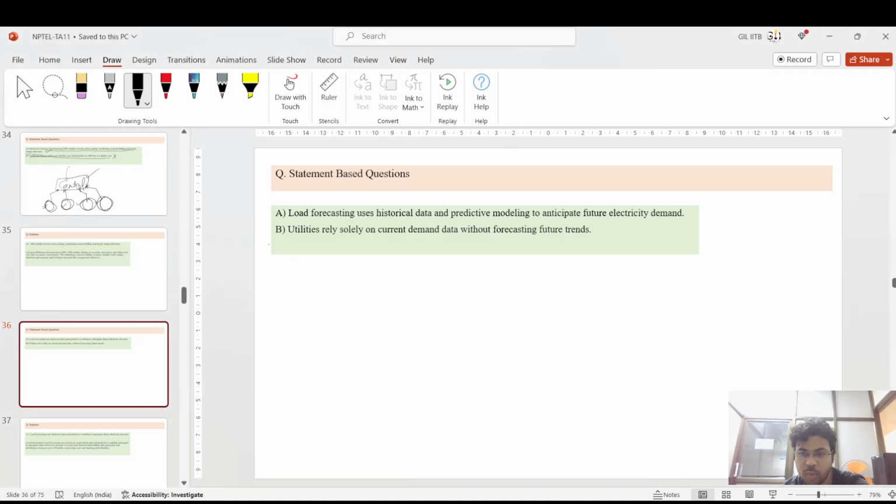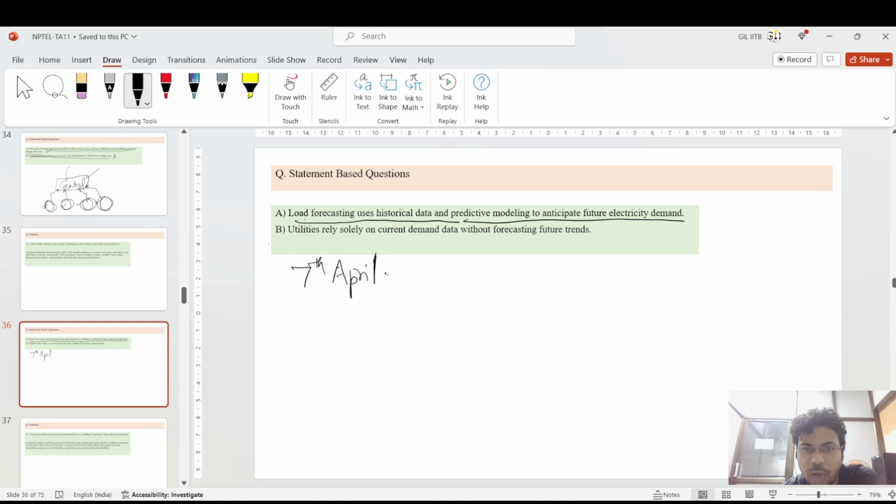Now if you want to try, okay, I got one more answer that both are false. Okay, let's come to the solution part. The first statement says that load forecasting uses historical data and predictive modeling to anticipate future electricity demand.